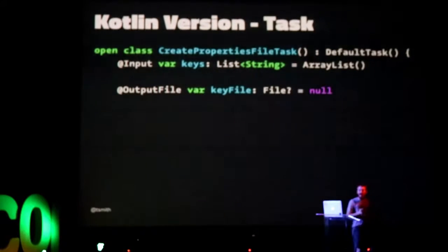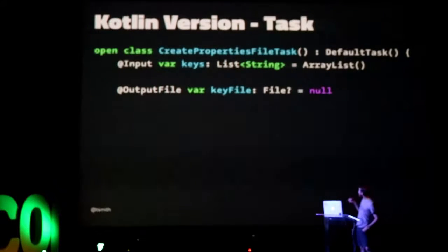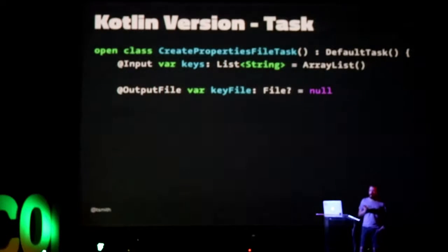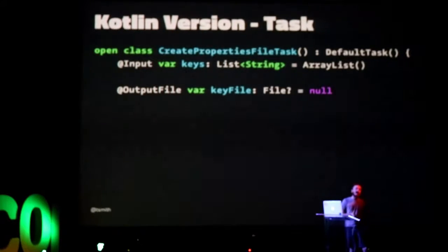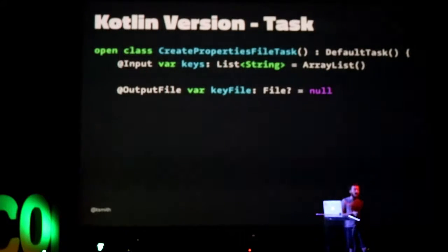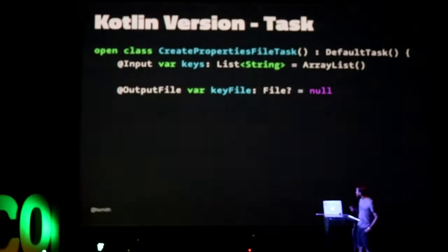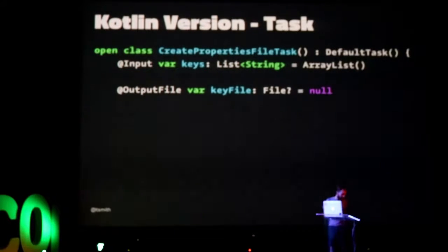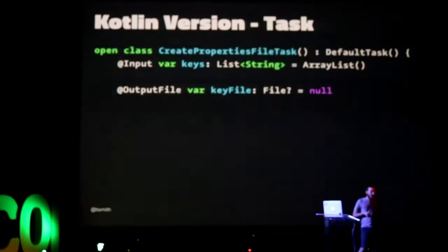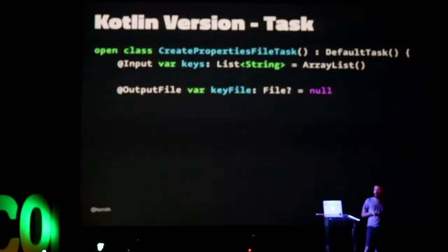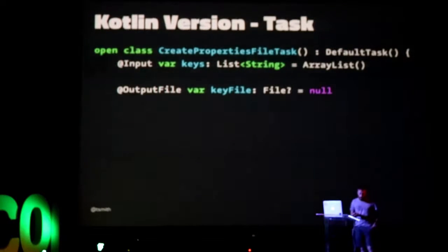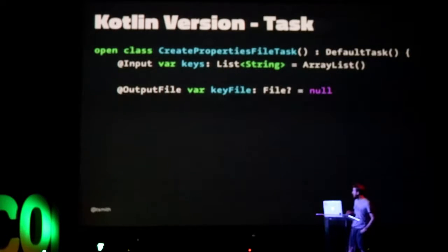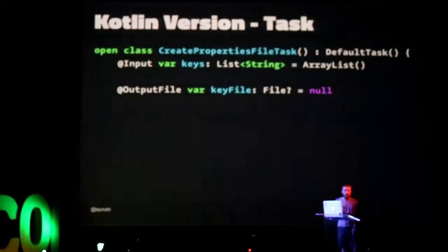Please pay attention to the first line that we have defined here, the open on the class definition. Because in Kotlin, all classes by default are final. And Gradle, creating this task, needs to proxy the task and create a subclass of it. So if you didn't add the open here, you would get an exception when you started to run your build, as Gradle tried to subclass this.